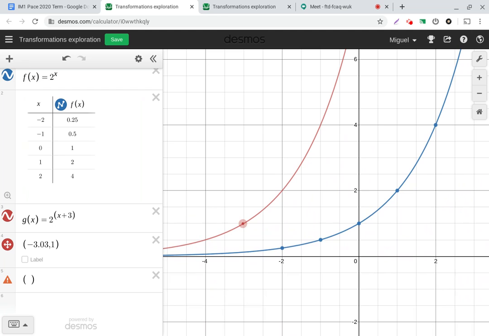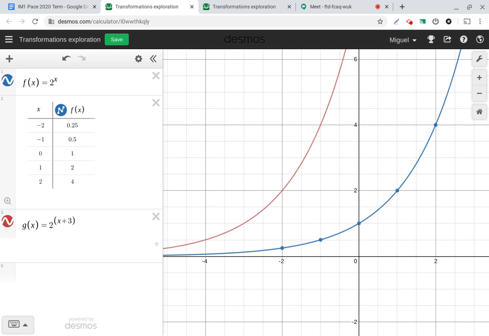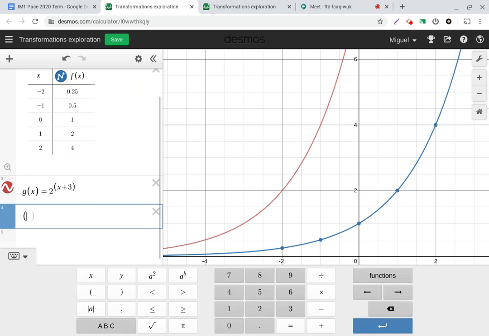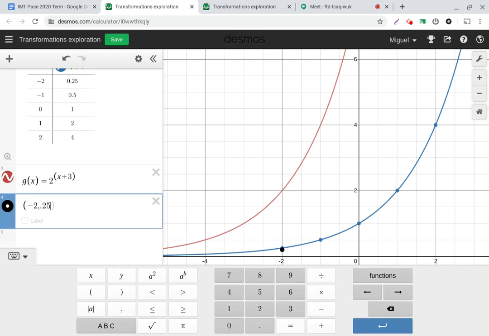Get some more people. Ethan, can you pick a coordinate on this blue, on f of x? Pick one of these. We already used 0, 1, and I already used 1, 2. So pick one of these. Negative 2, a quarter. All right, so go ahead and delete those, and then negative 2 comma a quarter.